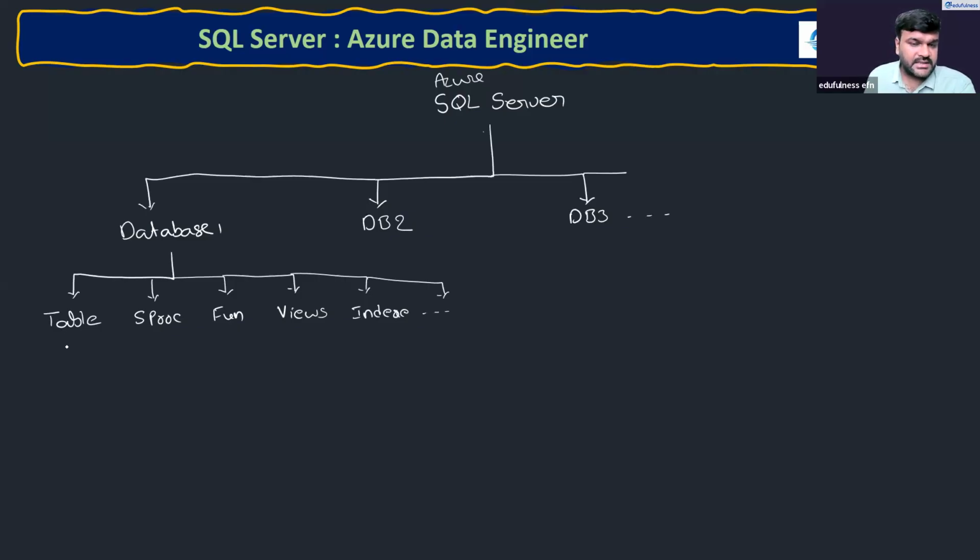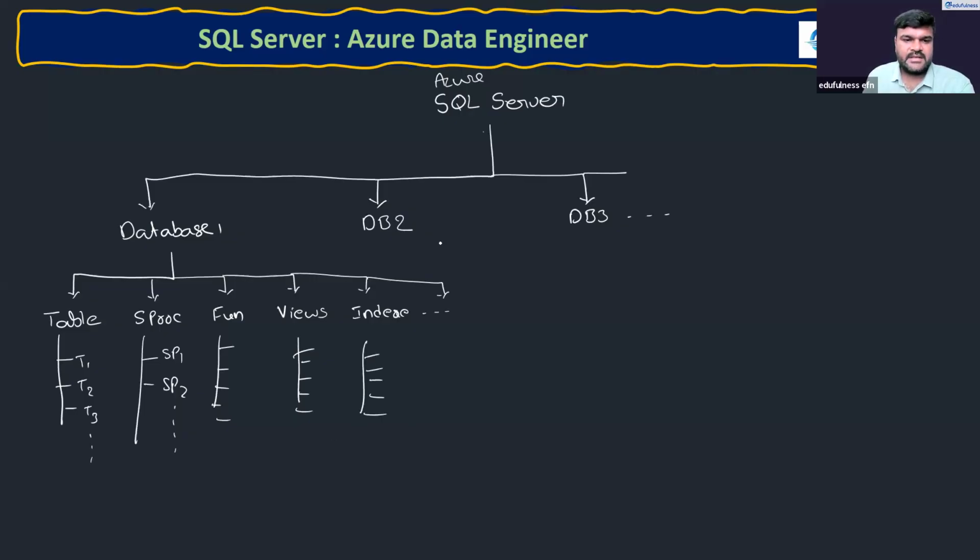So under one table section, you are going to have multiple tables, table 1, table 2, table 3. So like this. Stored procedure: you are going to have stored procedure 1, stored procedure 2. Like this, under every one, you are going to create multiple things in this database. So that is the first thing.